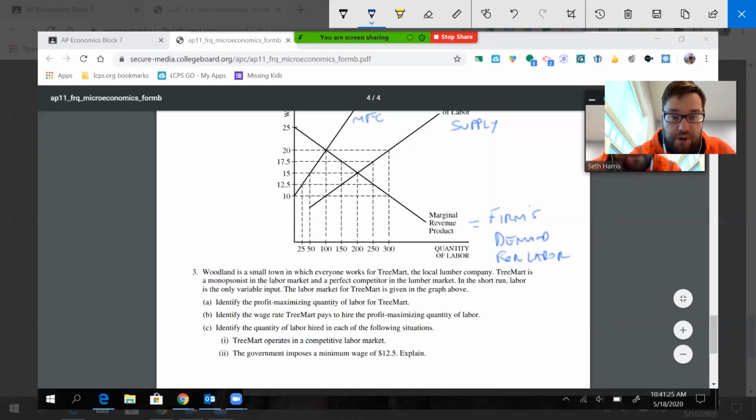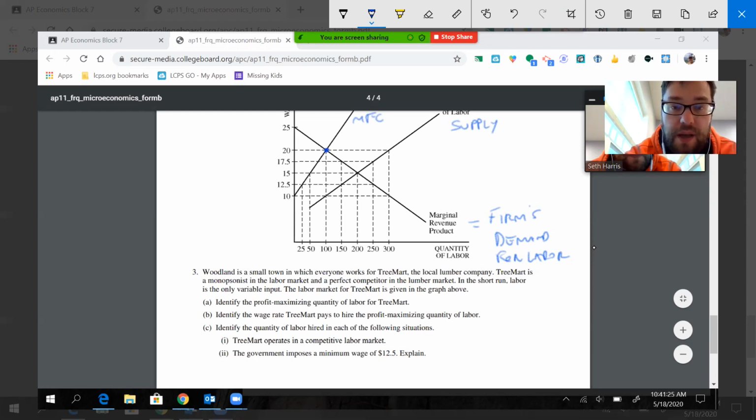So part A, we're going to identify the profit maximizing quantity of labor for Tremart. This is very analogous to figuring out price in monopoly, but it's flipped. You're going to find the marginal factor cost of labor curve, where it intersects the marginal revenue product, which is also the firm's demand for labor.